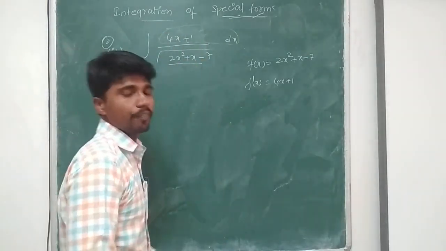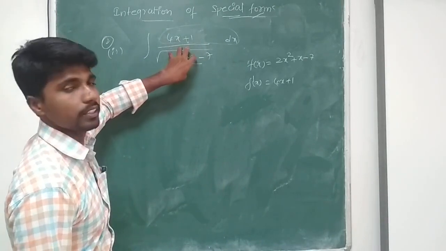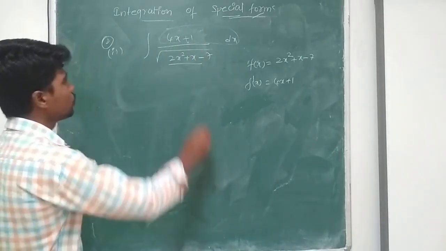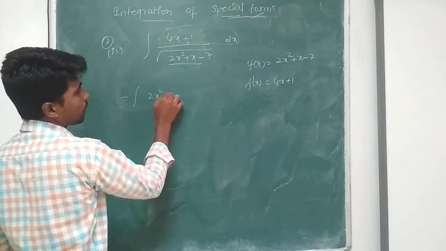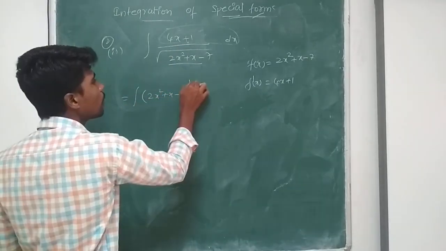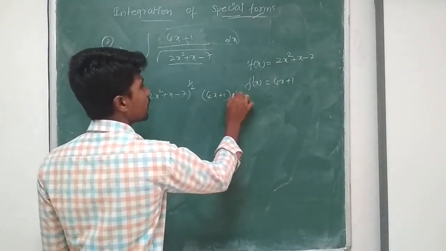By, if I had f of x I could go for the second formula, but it is not only f of x, it is root f of x. So this root f of x can be written as integral of (2x square plus x minus 7) to the power 1 by 2 into (4x plus 1) dx.